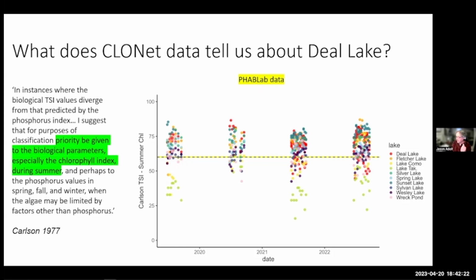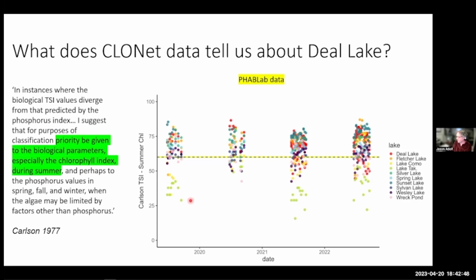And you can see here that those data, probably related to the harmful algal blooms that we get in the summer, put Deal Lake above the eutrophic line, Takanashi, Lake Como a little bit below, and in different years, in different areas of Deal Lake, further below the eutrophic line.